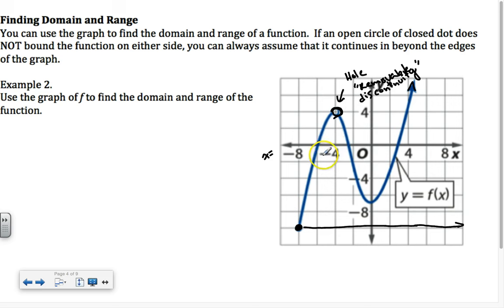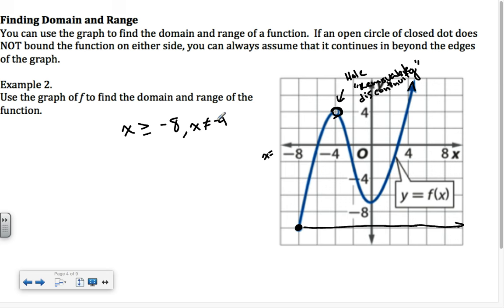So essentially the domain of the graph starts at x equals -8 and goes on forever, so if I wanted to write it as an inequality, I could say that x is greater than or equal to -8, and that'll account for the graph starting at -8 on the x-axis and going on forever. But I do need to exclude this one value that makes the graph undefined. So I will say that x can also not equal -4.